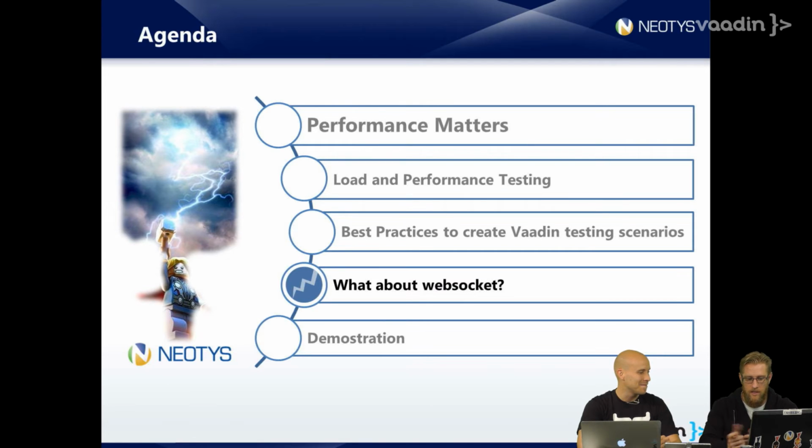Yes, we will maybe see it later when we go to Neoload. In WebSocket there is a tricky part where Atmosphere includes the size of bytes that we exchange. Exactly. If you don't handle that, Atmosphere will block the traffic.